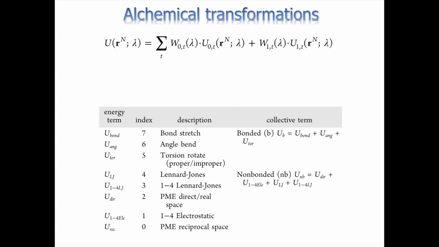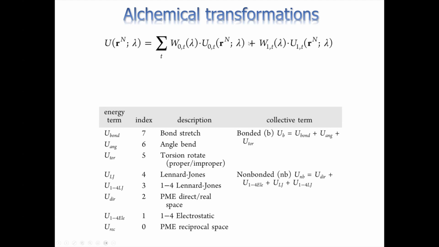So to give you an idea of how we construct the alchemical free energy transformation, let me start by saying what we do is we define a potential energy that is a function of a coordinate lambda, which will be our alchemical coordinate. So at lambda equal to 0, we're in end state number 1, which could be, say, ligand 1. And for lambda equal to 1, we're in end state number 2, which could be ligand 2.